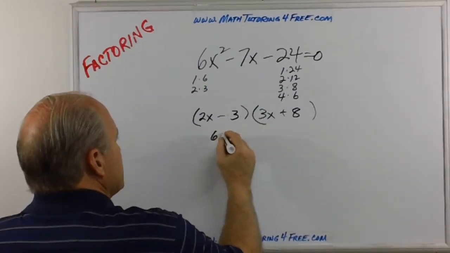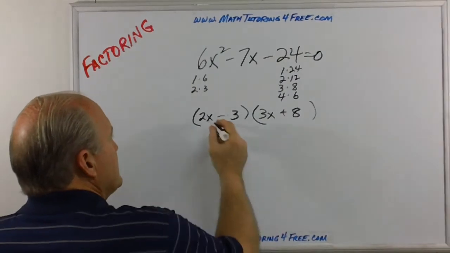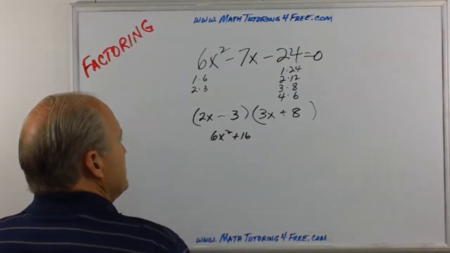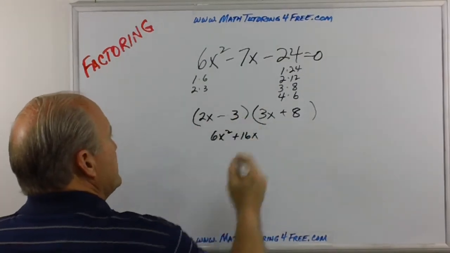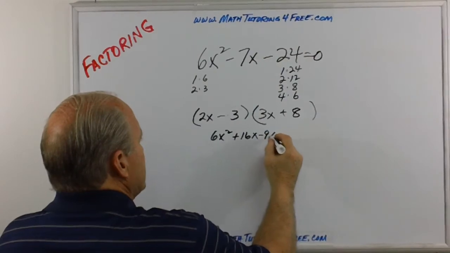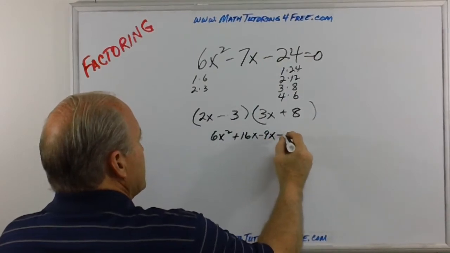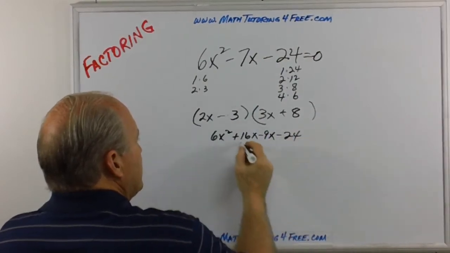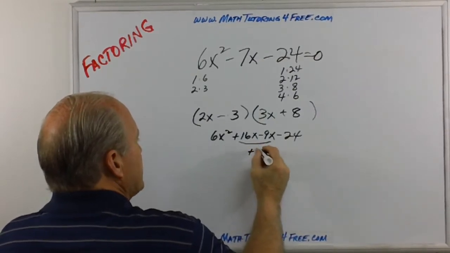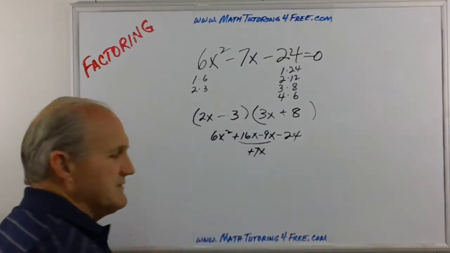2x, that's 6x squared. 2 times 8 is 16, and that's a positive 16x. 3 times 3, that's 9x. Maybe we're getting somewhere here. And 3 times 8, that's minus 24. This, though, again, we've got a positive 16 and a negative 9, that gives us a positive 7x.